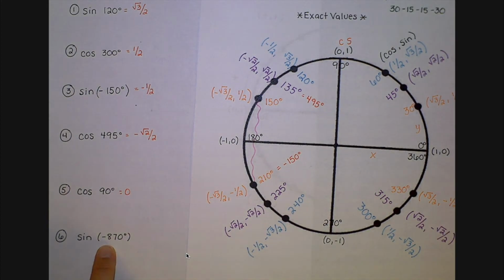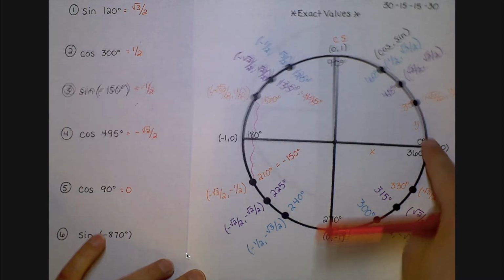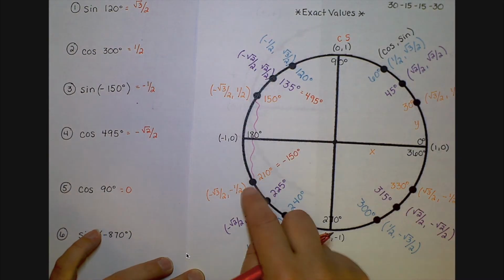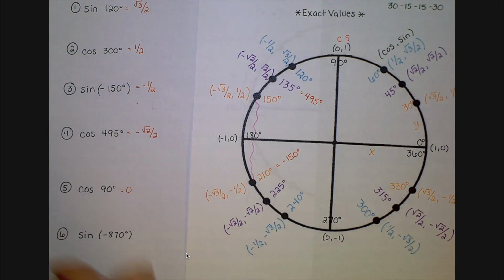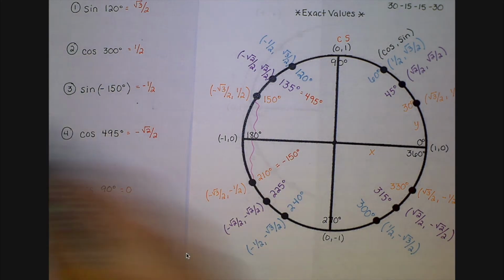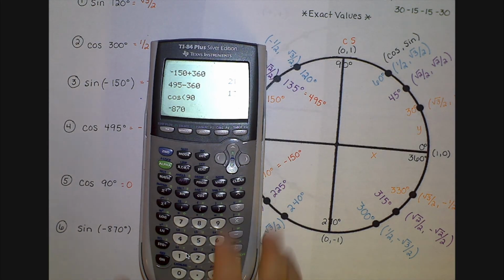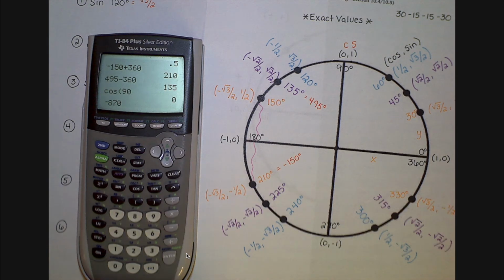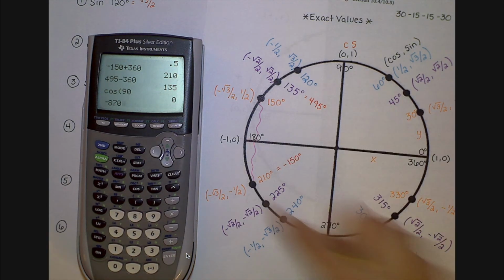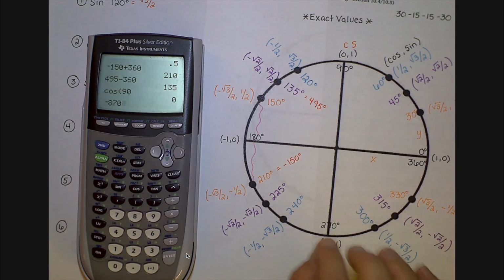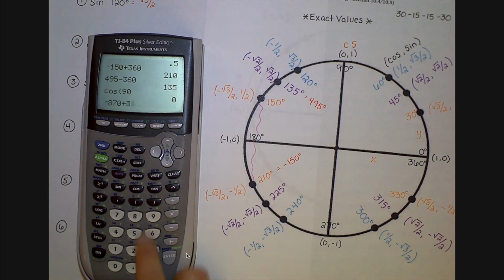Sine of negative 870. Oh, these are the ones that are really tough because this is not only negative, meaning it's going backwards around the circle, but it's going backwards more than once. So what I would do with these is I would take that negative 870 and I would start adding 360 to it as many times as it takes to get something that lands on this circle. And I'll know that it'll be in that exact same spot. So I'm going to add 360.